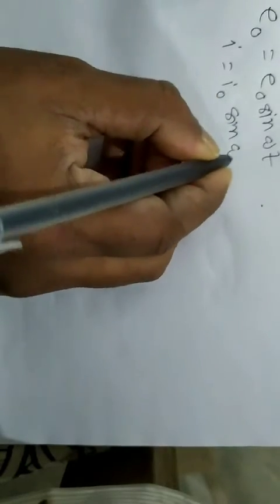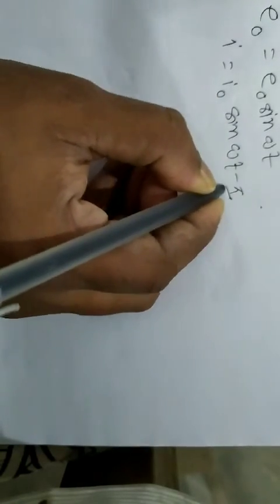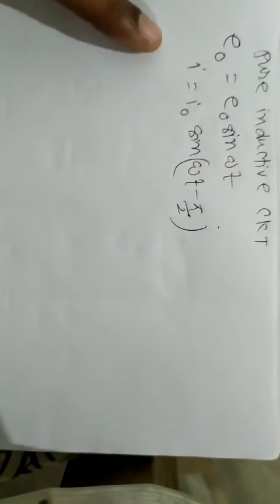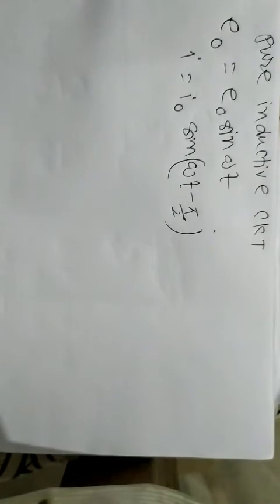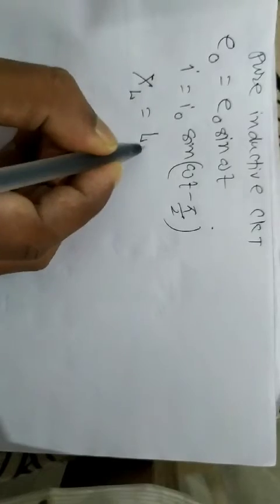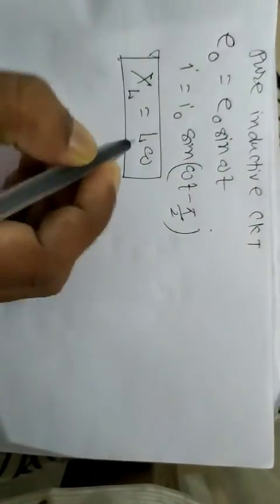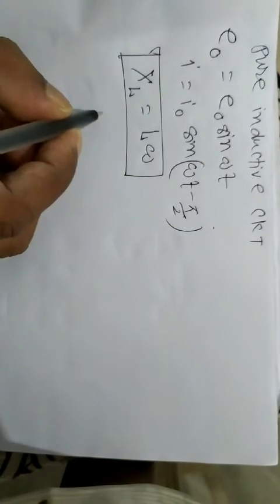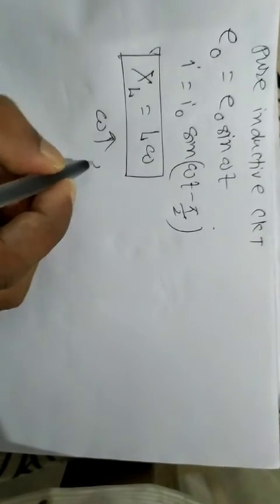I was I naught sin (omega t minus pi by 2). So current was lagging the EMF. Clear? And what was the equation of XL? Can you remember? XL was L omega. In a pure inductive circuit, XL was L omega.